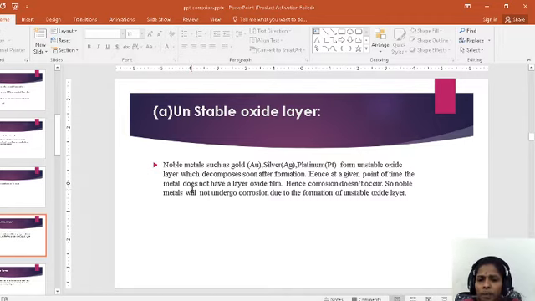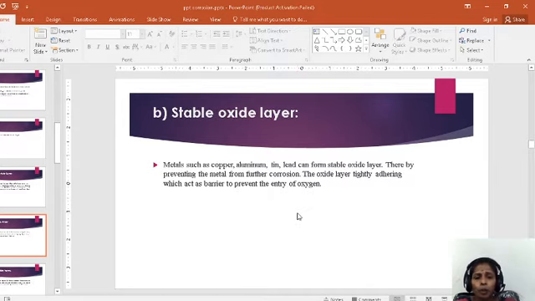So hence corrosion does not occur. Noble metals will not undergo corrosion due to the formation of an unstable oxide layer. Only three metals form an unstable oxide layer: silver, aurum and platinum. These are the noble metals.